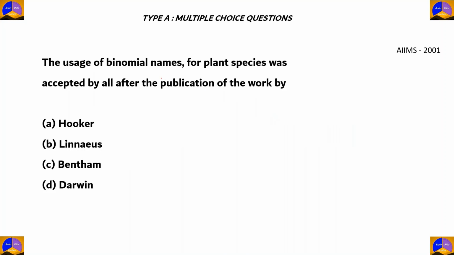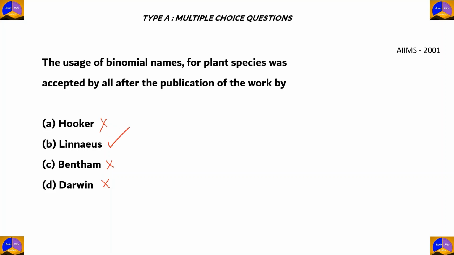The use of binomial names for plant species was accepted by all after the publication of the work by Darwin, Evolutionary Relationships. Bentham and Hooker did not find binomial nomenclature. They corrected it, so they're out.